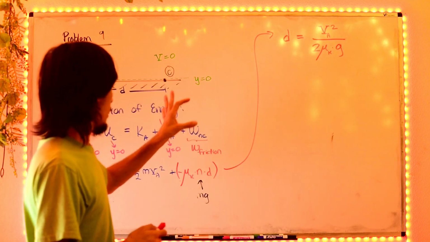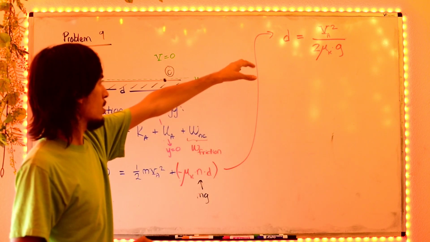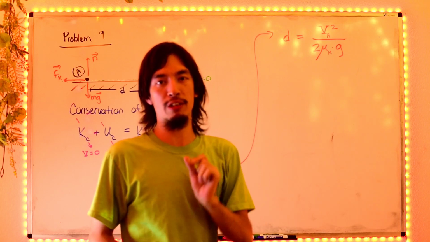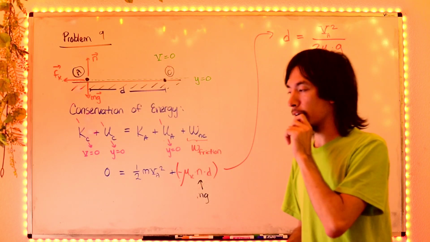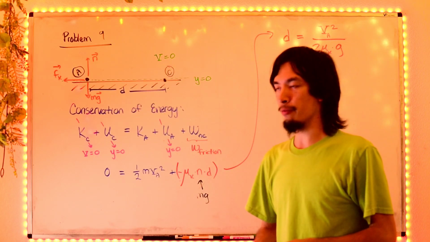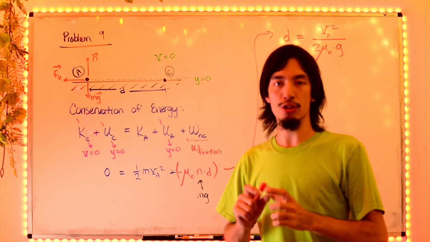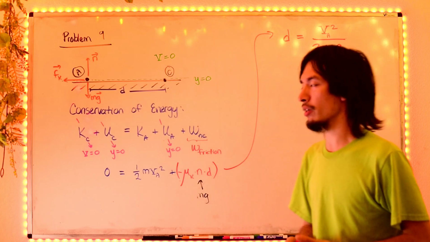In the attempt of finding this, we technically would only have one thing missing: the coefficient of friction. I don't give the coefficient of friction in the problem, but we do know something related to the friction force.